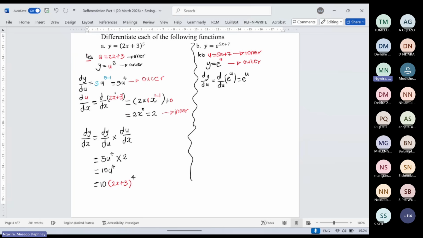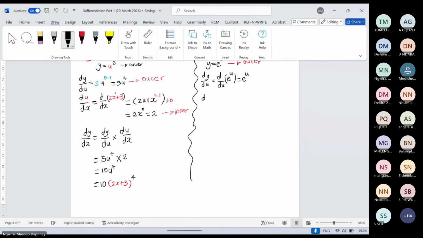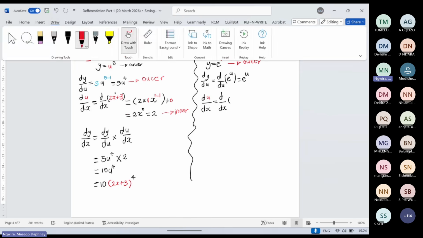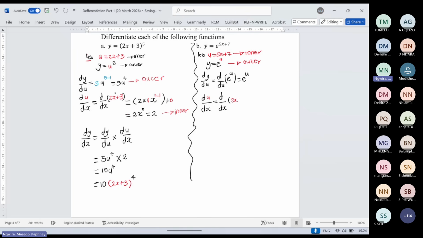And now let's derive the inner. So the derivative of the inner with respect to x, I'm doing the same thing that I was doing. Honestly, it doesn't matter. I just want my answers. So the inner is 5x plus 7.